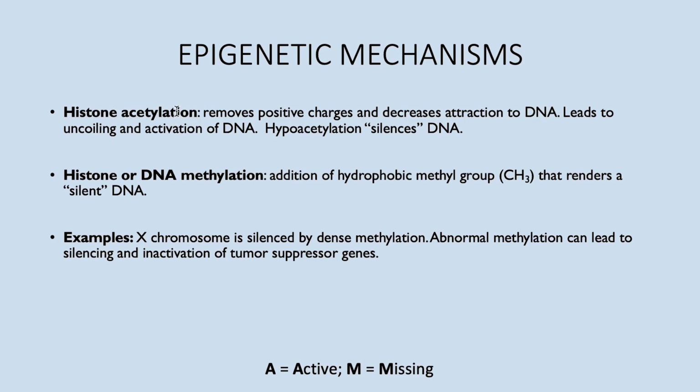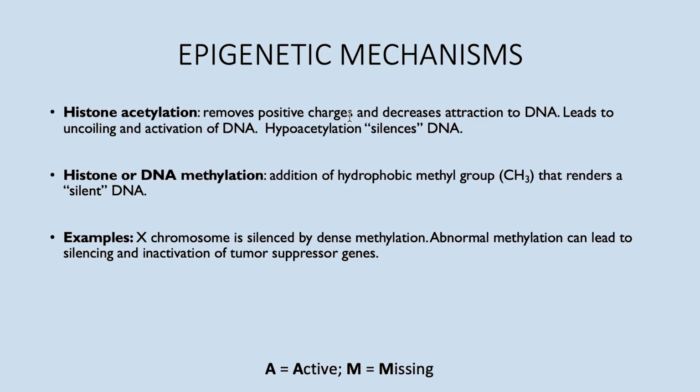When we acetylate these histones, that will remove positive charges and decrease the attraction of the histones to DNA. So that will uncoil, loosen the DNA and make it more available for transcription. That activates the DNA when the histones are acetylated.